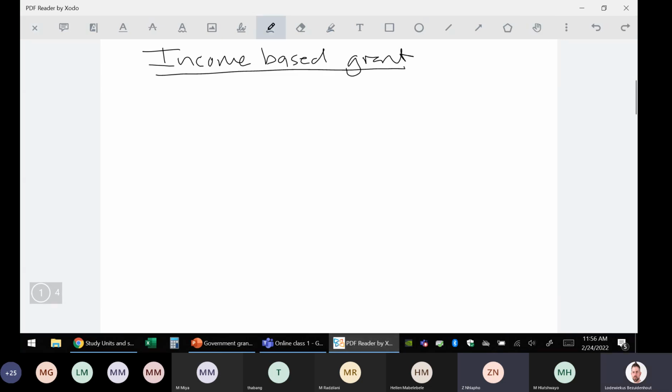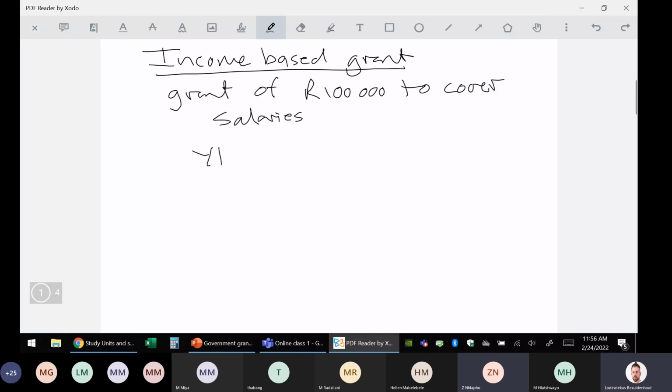So for instance, we receive a grant of 100,000 to cover salaries. Year one, salaries is 100,000. Year two, the salaries is also 100,000.